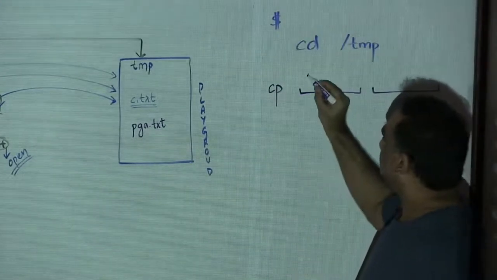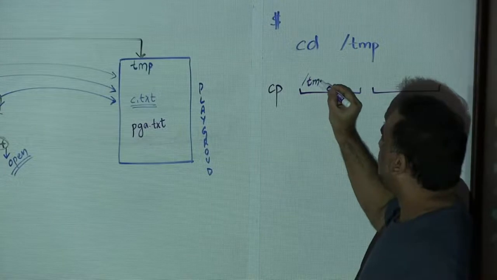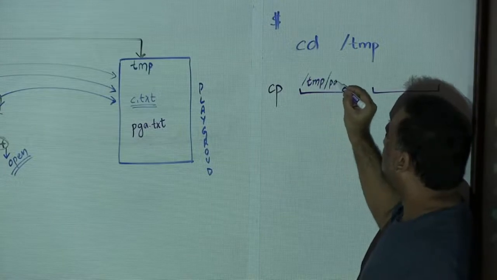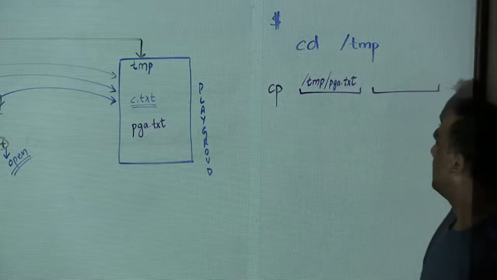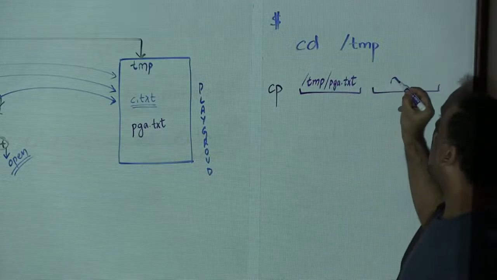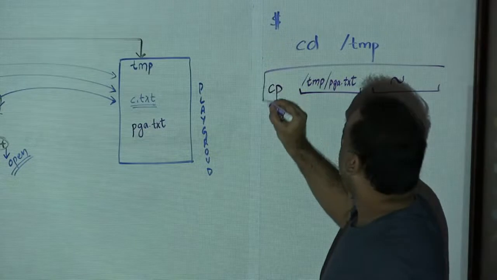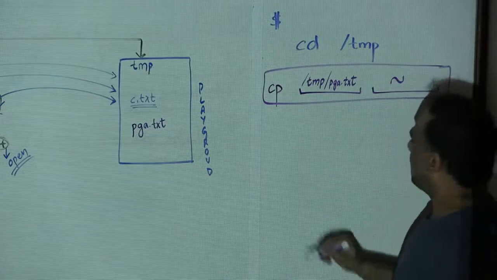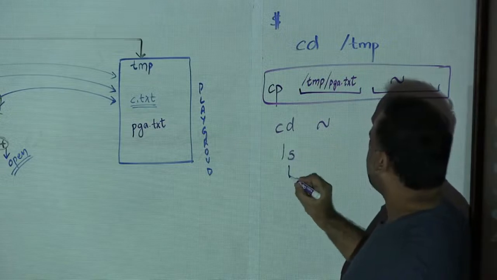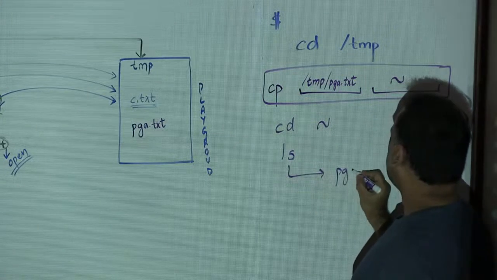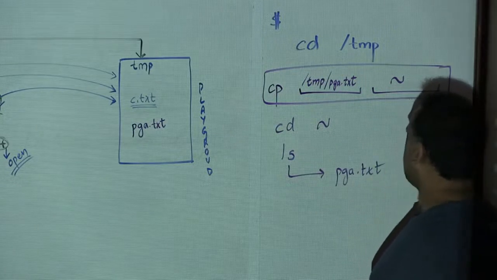For the source, can I put /tmp/pga.txt? Yes? Okay. And then where am I sending this to? Home. So if I execute this command and then go back to your home and type ls, you should be able to see pga.txt there.